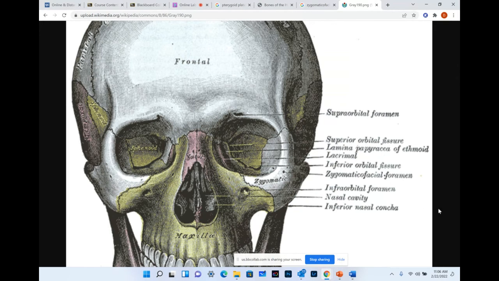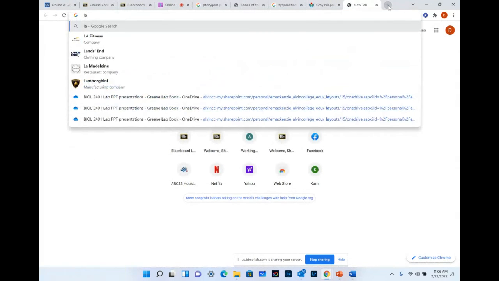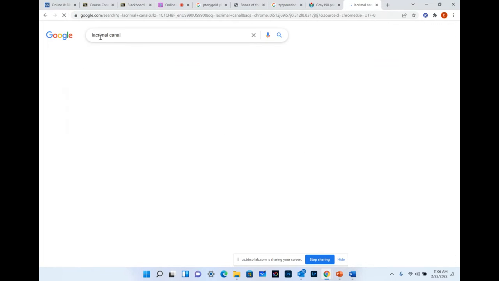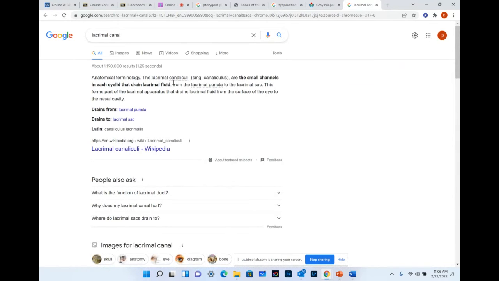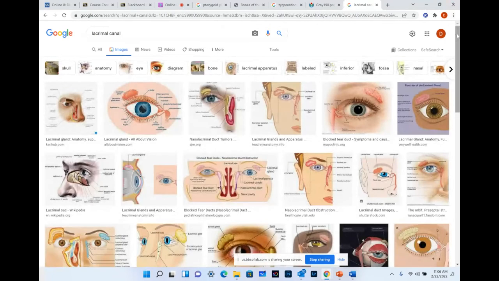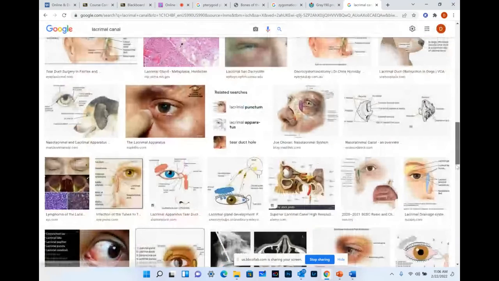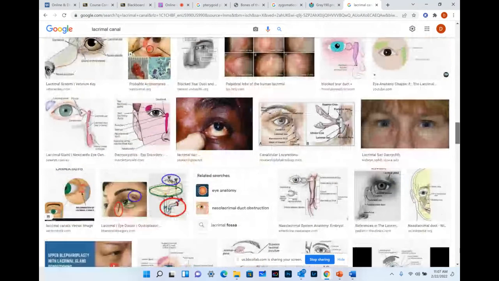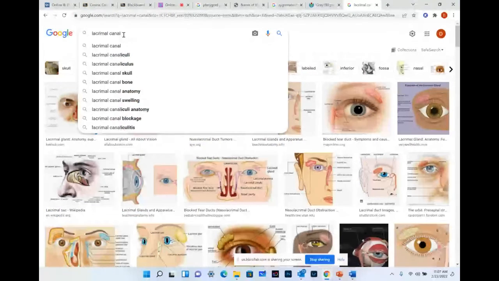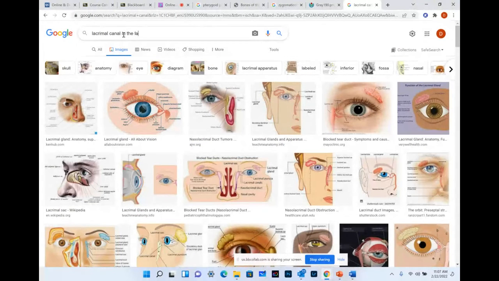Lacrimal canal. So let's see if we can find lacrimal canal in the lacrimal bone.